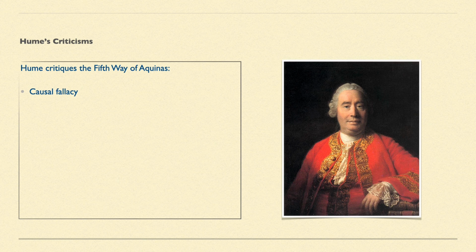The first criticism is causal fallacy. This is a logical fallacy, and for David Hume, he has a problem here with inductive reasoning. And he makes the point that we have incorrectly, or Aquinas in particular has incorrectly, concluded the cause of an event.